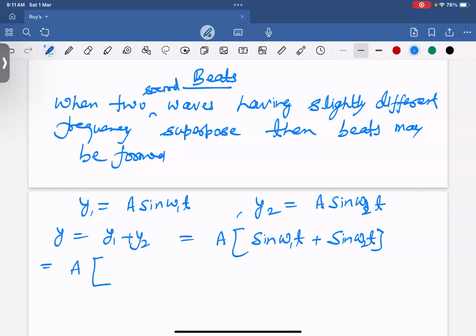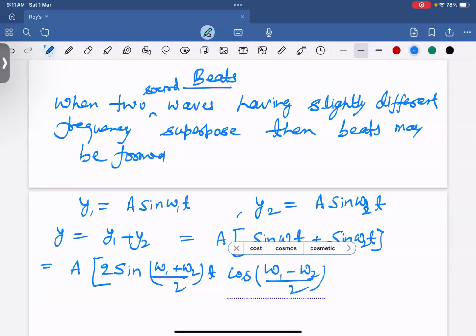Sin C plus sin D का फॉर्मूला अगर हम लिखें तो it is 2 sin (C plus D)/2, that means (omega 1 plus omega 2)/2 into t, or cos (C minus D)/2, it means (omega 1 minus omega 2)/2 into t.